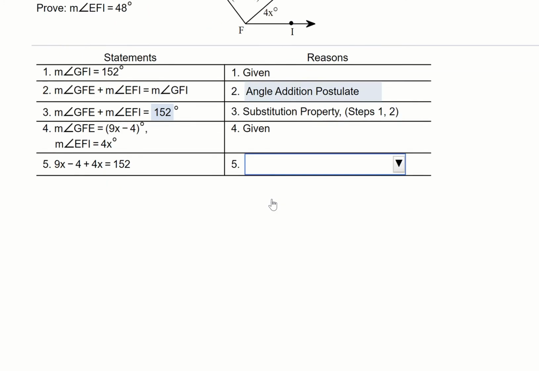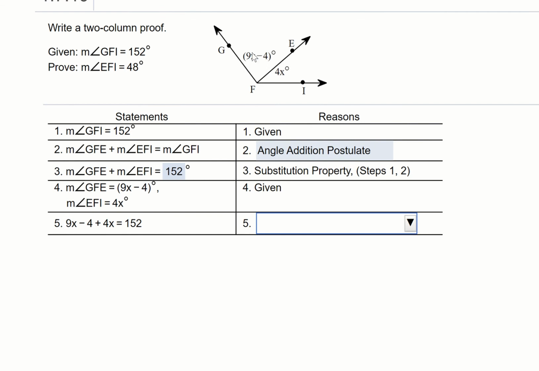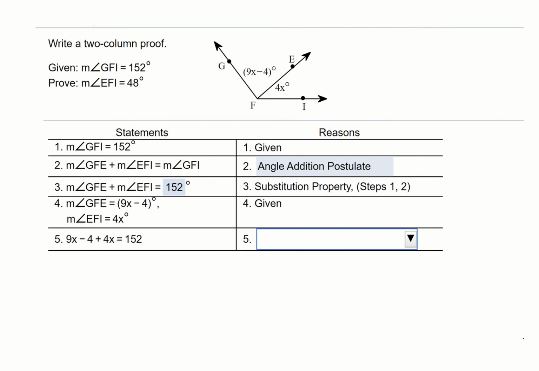So now let's look at the next part. It says GFE is equal to 9x minus 4. That's from the diagram. EFI is equal to 4x. So that's given, straight from the diagram. Now, because we know what they're equal to, we can plug those into this equation right here. We know that this is 9x minus 4, so I can plug it in here.